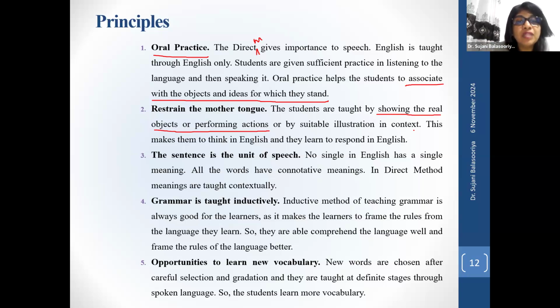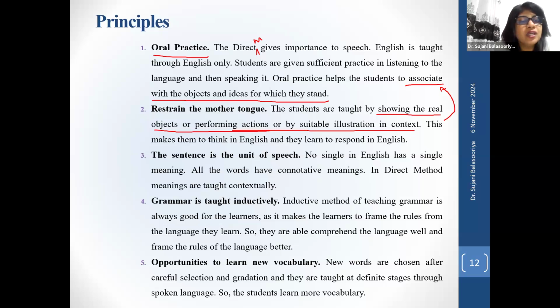And this makes them think in English and they learn to respond also in English. This is related to this point also. Okay, and the same thing looked at in different ways. Right. So translations or the mother tongue usage is almost not there. Okay, right. What about the third one?